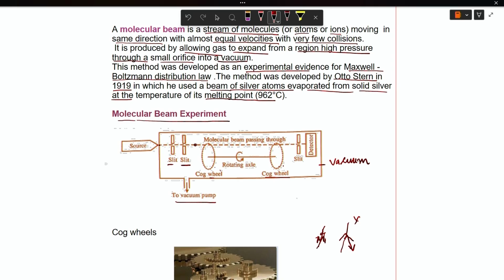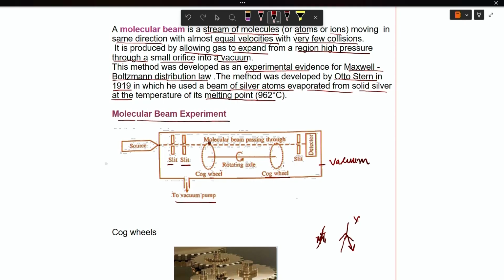The molecular beam which comes at the depression of the cog wheel will pass through. If it strikes on the raised part, that molecular beam will be cut. So, only those which pass through the depression enter between the two cog wheels.